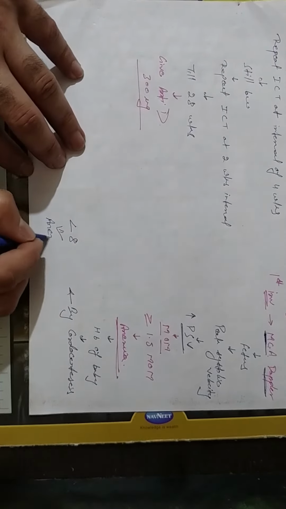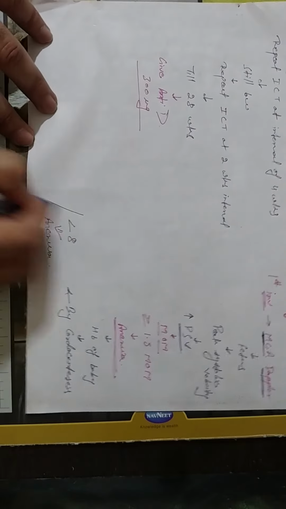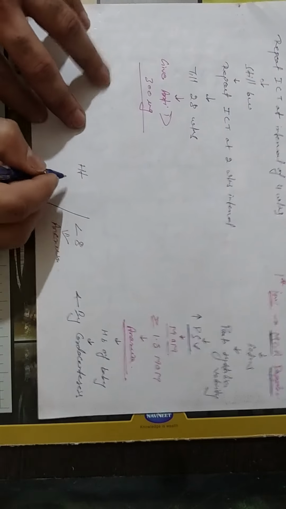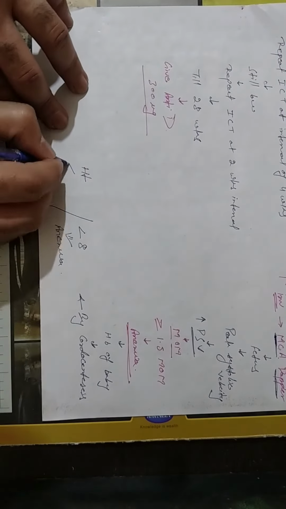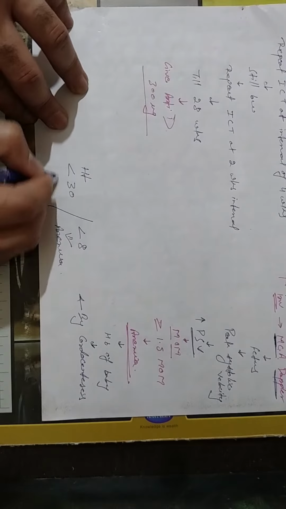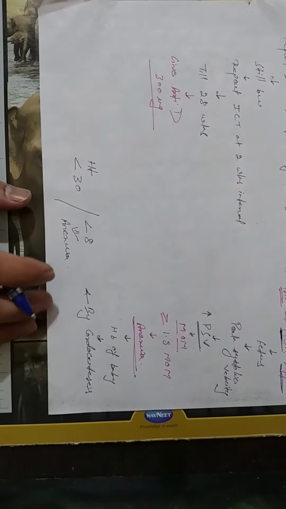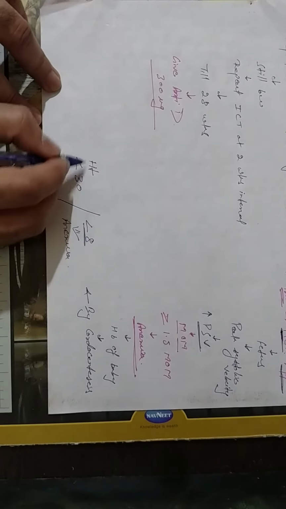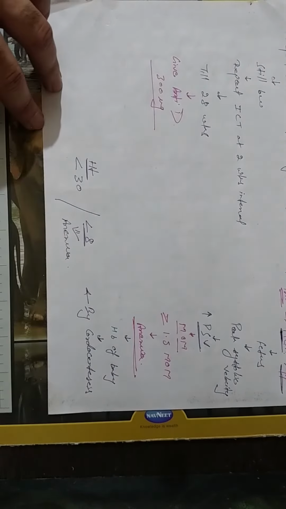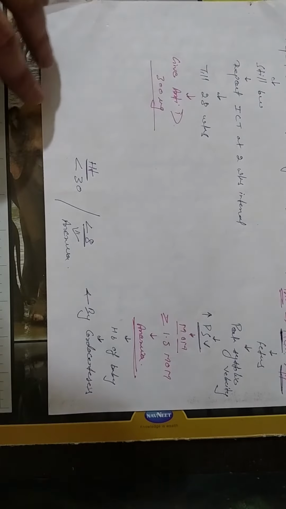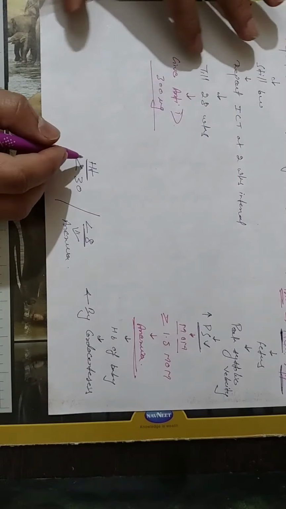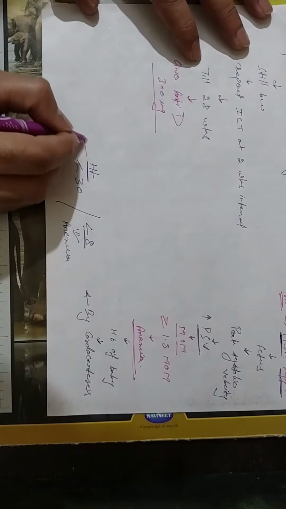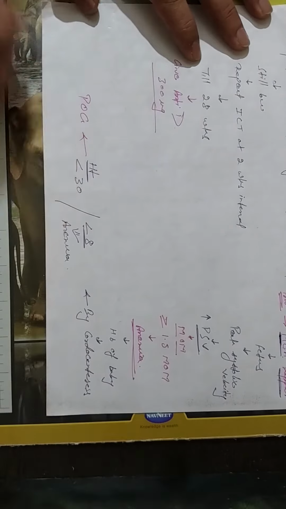That means it is anemia. Now second thing, check for hematocrit. If it is less than 30, that means few RBCs are remaining. Hemoglobin is less, number of RBCs is less. So for our further management, we look for period of gestation.